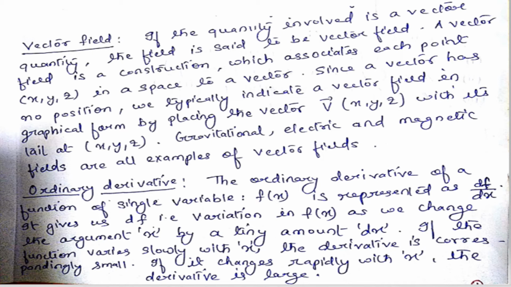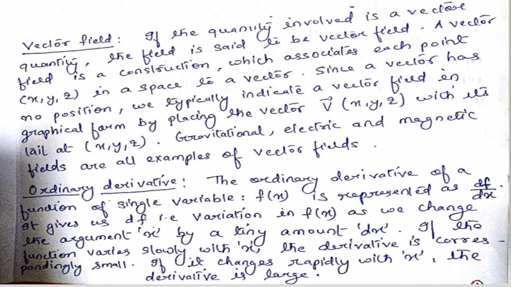So what we are going to talk about: if I say f of x, it is represented as df by dx. And what does it give? It gives us df, that is the variation of f as we change the argument of x by a tiny amount dx. Means as I am changing dx, how my function is varying, that is what is called an ordinary derivative.